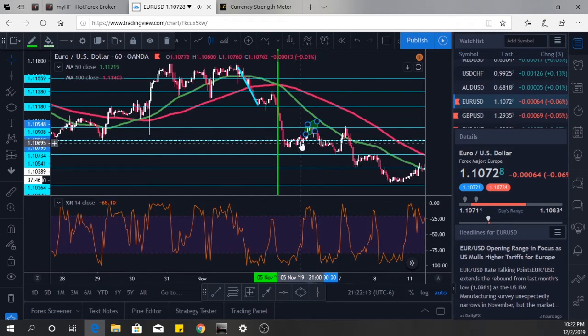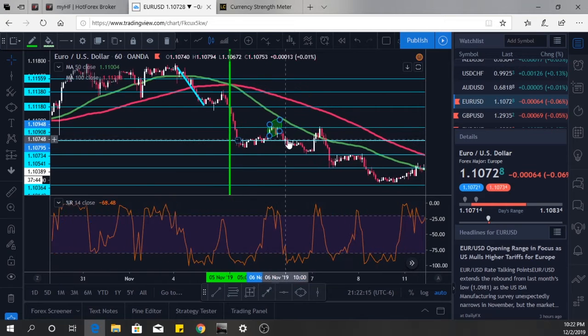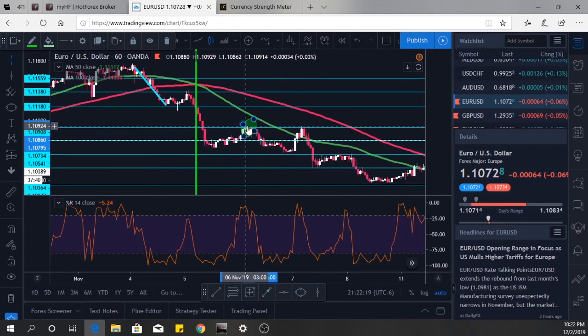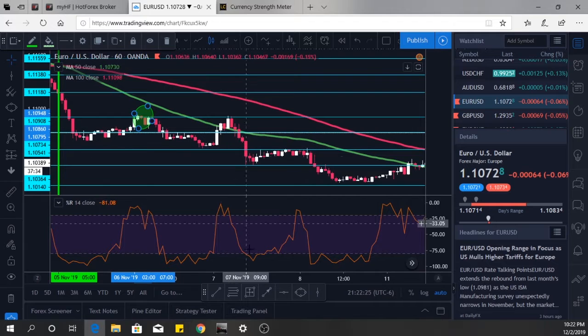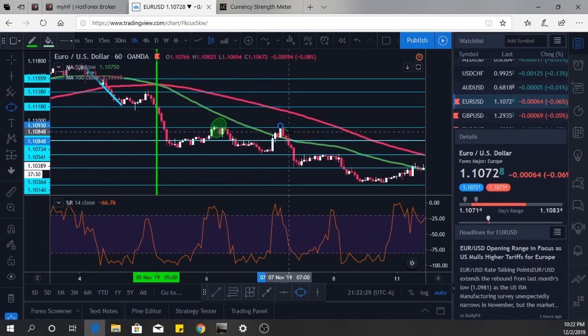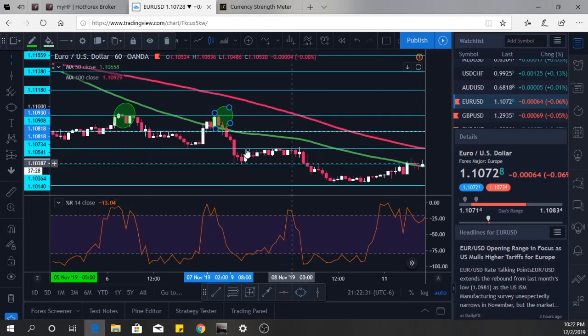Now I would have entered the market here, then the market would have run, then the market would have pulled back to this area. So when it reached this area and I see bearish candles forming, I will enter the market once more.